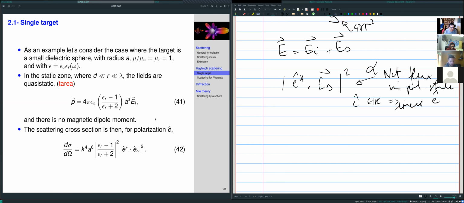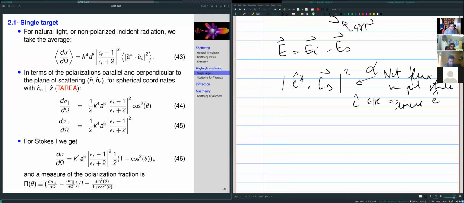The scattering cross section in the end is given by equation 42 for this case, for the small dielectric sphere. The case for natural light, so when we are averaging over non-polarized incident radiation, this is what we have for the outcome scattering cross section.